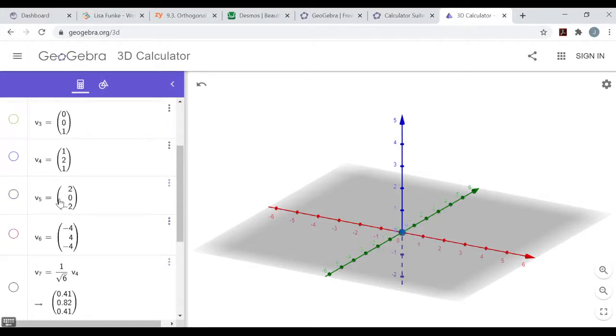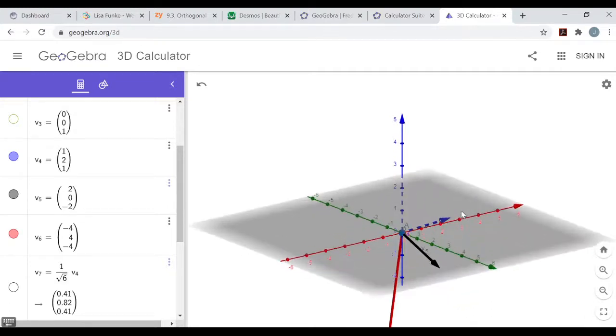Now the vectors I had from S were 1, 2, 1, that blue vector that just showed up, 2, 0, negative 2, that black vector pointing down below the plane, and the vector negative 4, 4, negative 4. Now, I said already that this is an orthogonal basis. These three vectors point in three different directions, but they do form 90-degree angles. We're talking about the dot product here, so orthogonality is perpendicular.